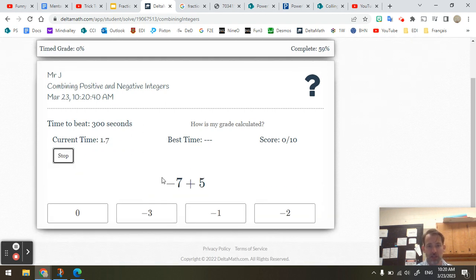Let's see what happens. Okay, -7 plus 5 is -2. -6 plus 6 is 0. -5 minus 4 is -9. 8 minus 2 is 6. 9 plus 8 is 17. -9 minus 3 is -12. This is 13. This is 12. This is 6. This is 15. There it is. This is 0. This is 1. This is -18. This is -6. This is -4. This is -15.